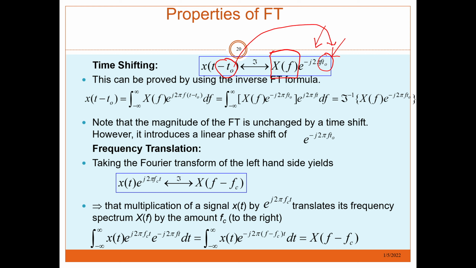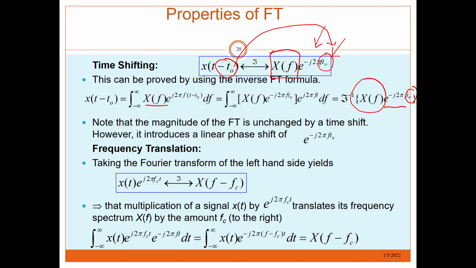To prove this, we can use the formula for the function x(t minus t0), and we will have the transformation of X(f), but including e to the minus j2 pi f t0, the shifted value.